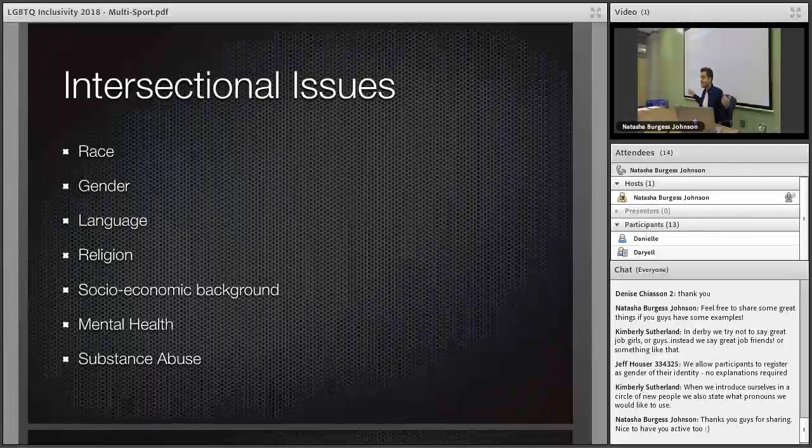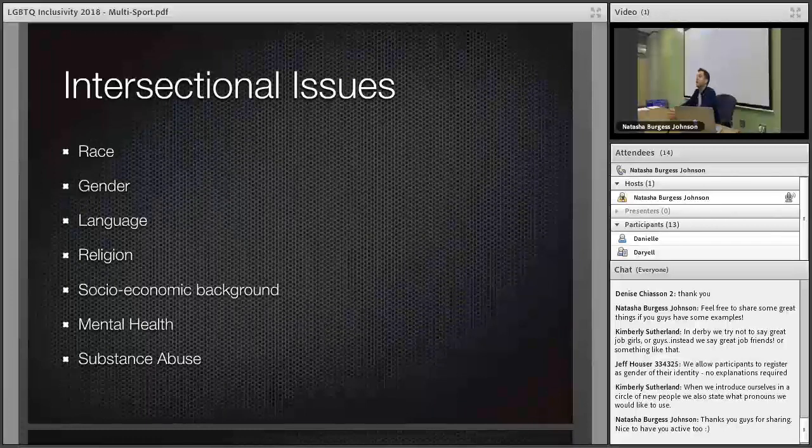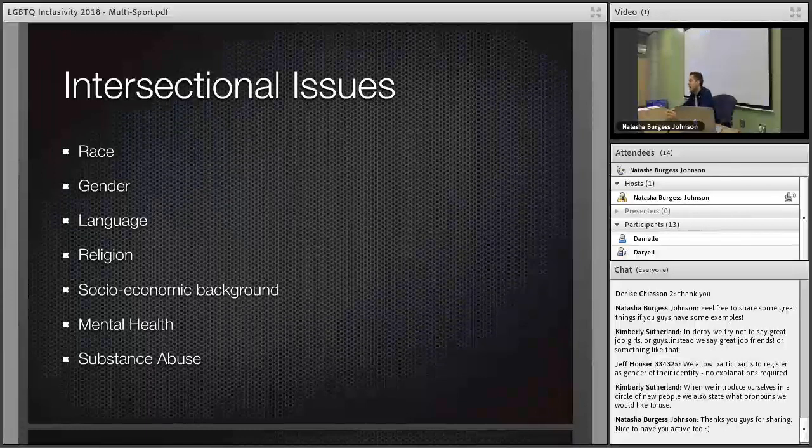Suddenly, that's a pretty extreme experience. There are so many other things that they have to deal with, and they don't all come down to being part of the LGBTQ plus community. Being a double or triple or quadruple minority makes things that much harder.